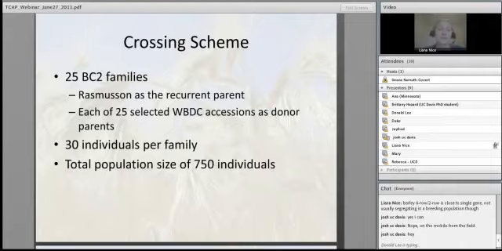So the basic crossing scheme is to take the 25 wild barleys and cross them each to Rasmussen as the recurrent parent. I've selected a total of 30 individuals per family for a total population size of around 750 individuals.